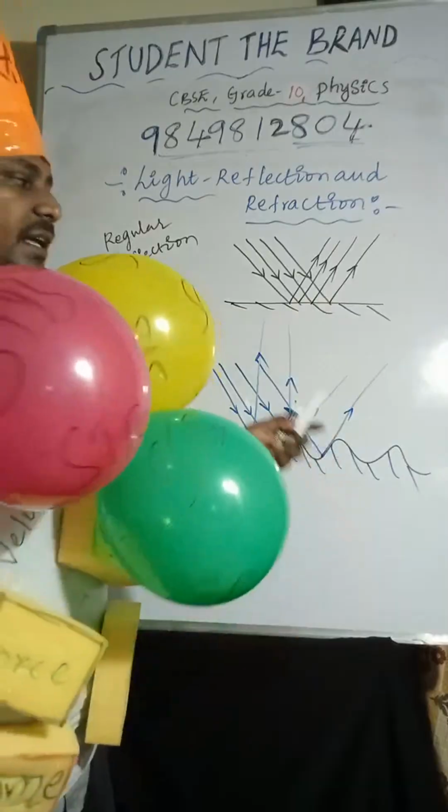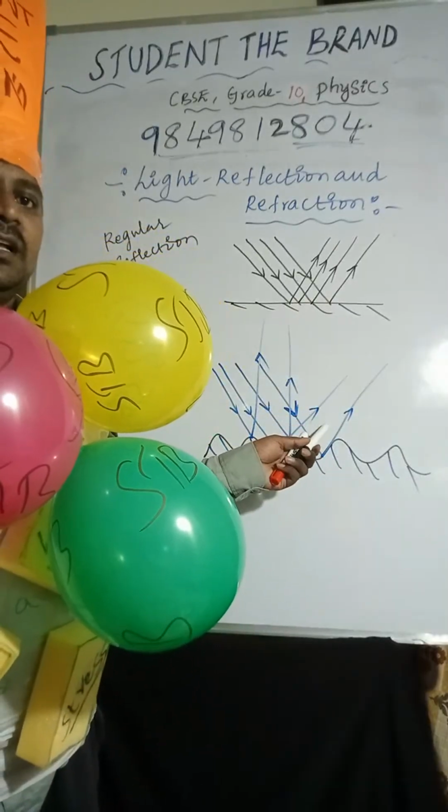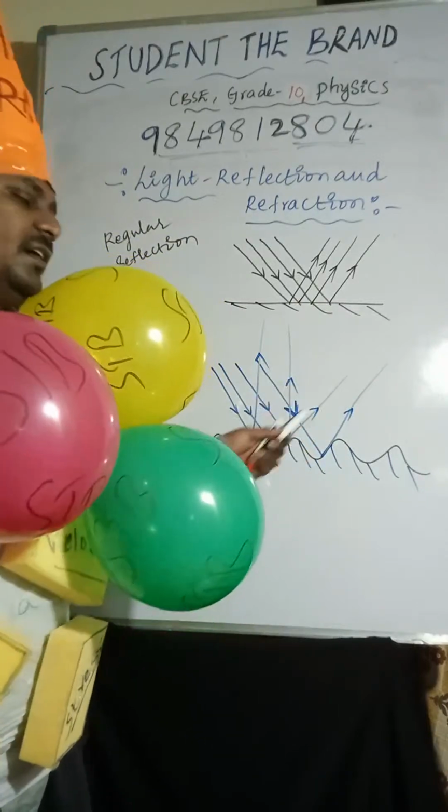Whereas here incident light rays are parallel, but reflected light rays are not parallel to each other. This type of reflection is called irregular reflection.